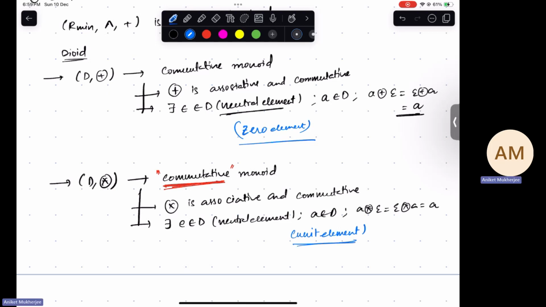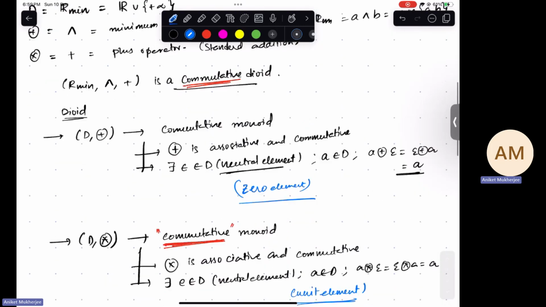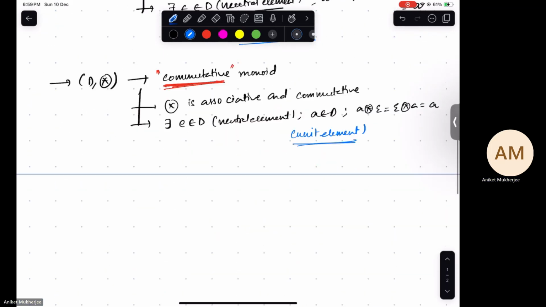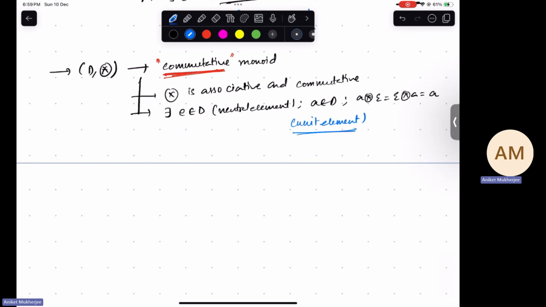Why do we call it the unit element? Since the second binary operator is something we denote as a multiplicative thing, if you multiply A by 1, you get A back. Similarly, we want something like that. But here the unit element is 0, not 1, for the min plus, because you add 0 to anything, it comes back as the same element.